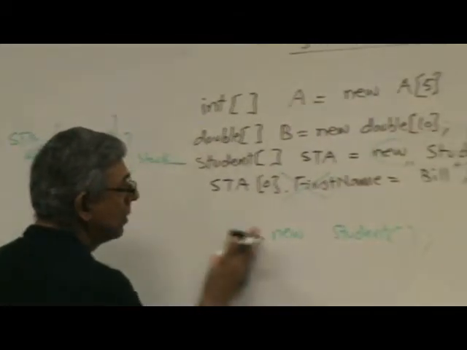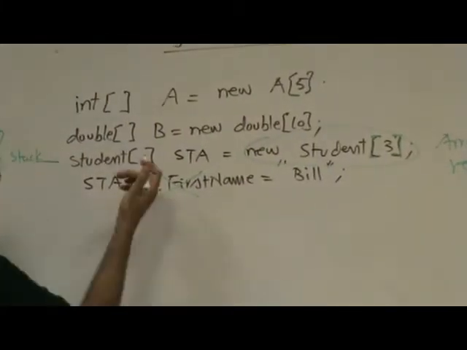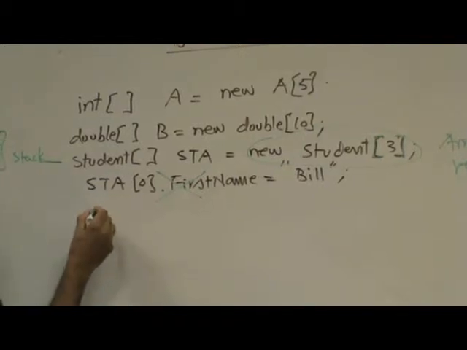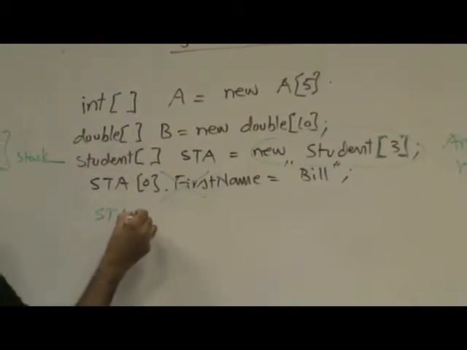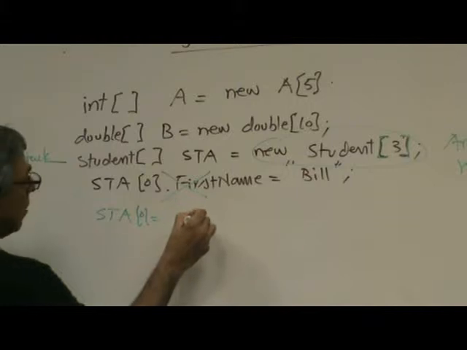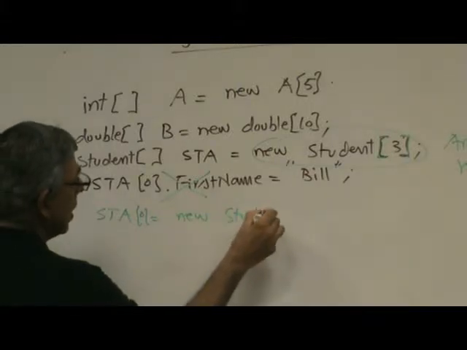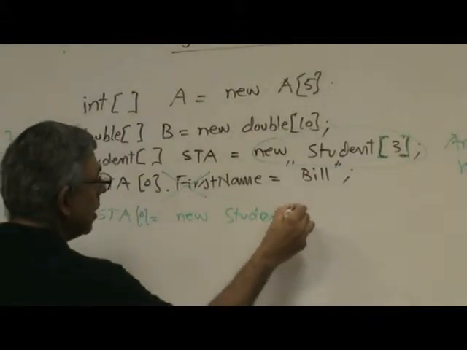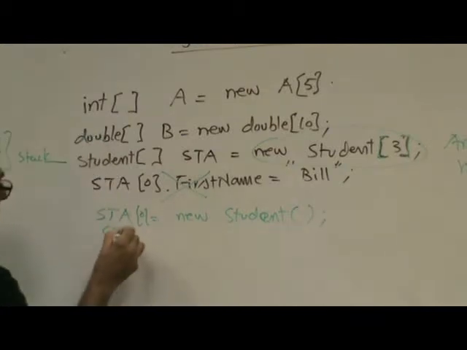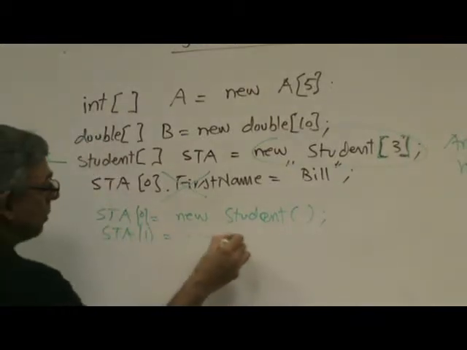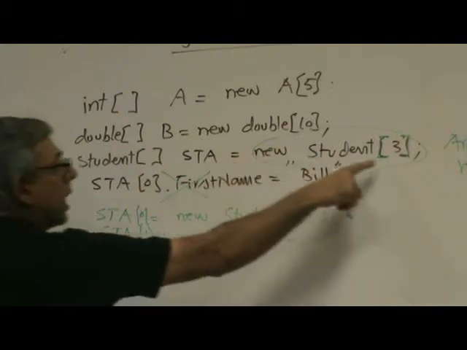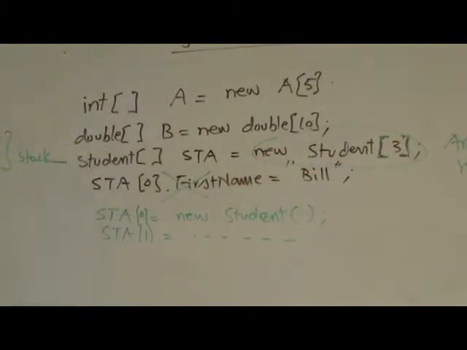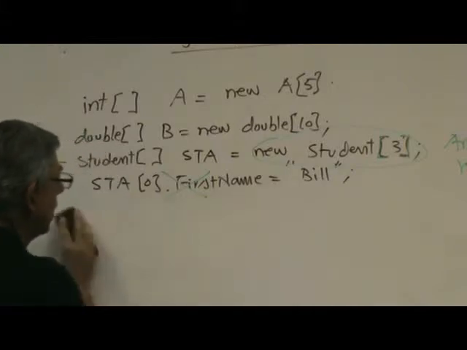What's the proper way to do it? Either you can write a loop, or one at a time you can say STA of 0 equal to new student, STA of 1 equal to new student. Of course, if you had a large array allocated over here, this is not the proper way. So what's the more efficient way?